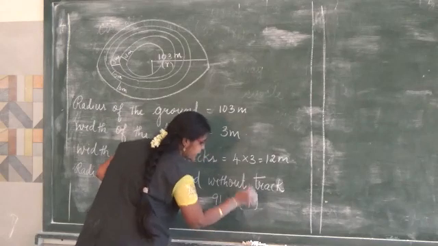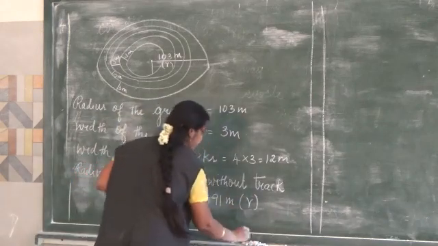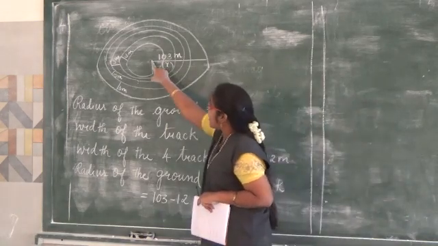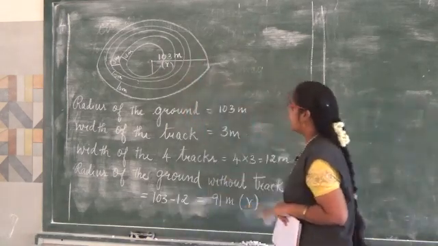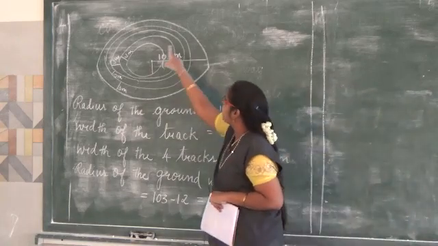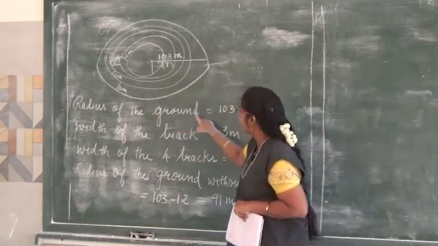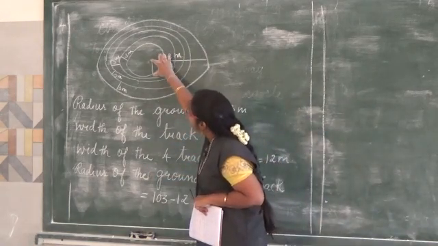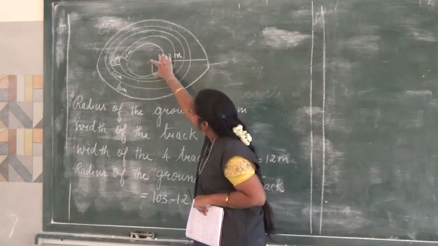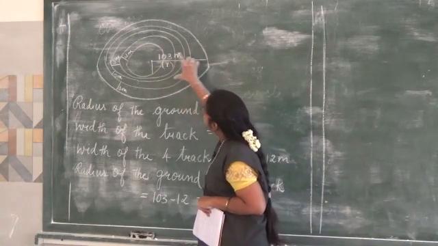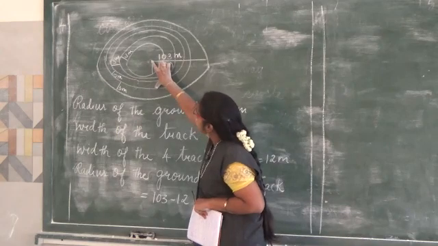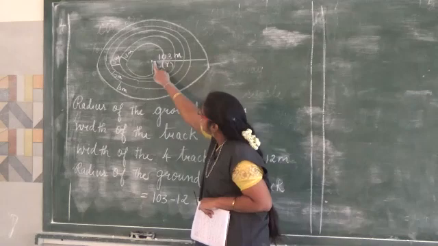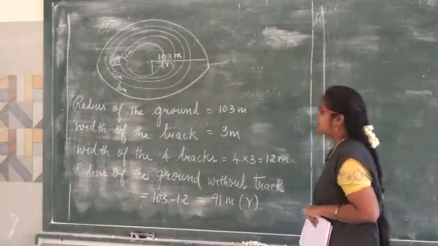This is the smaller, radius of the inner circle. So radius of the inner circle is 91 meter, radius of the outer circle is 103 meter. So radius of the ground is nothing but the outer circle, 103 meter. For the radius of the inner circle, we have to subtract the width of the 4 tracks, this 12 meter, from the radius of the outer circle. So 103 minus 12 is 91 meter.